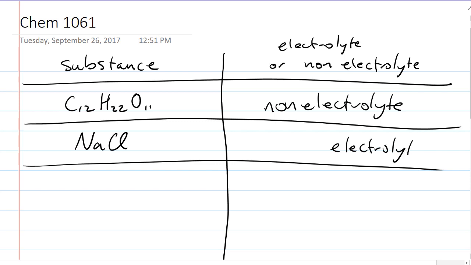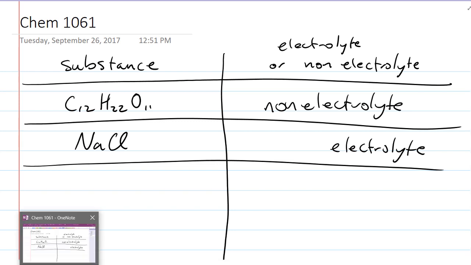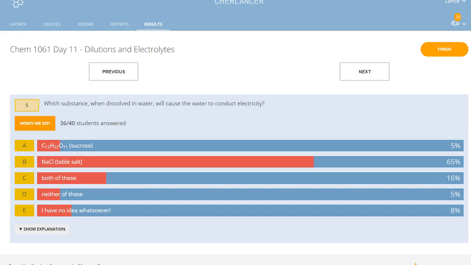So now, we have a couple substances we've tested. We have a whole bunch more here that we're going to test. And so, what I'd like for you to do on the next list, so the correct choice here would have been? NaCl would have been choice B. All right, next up.